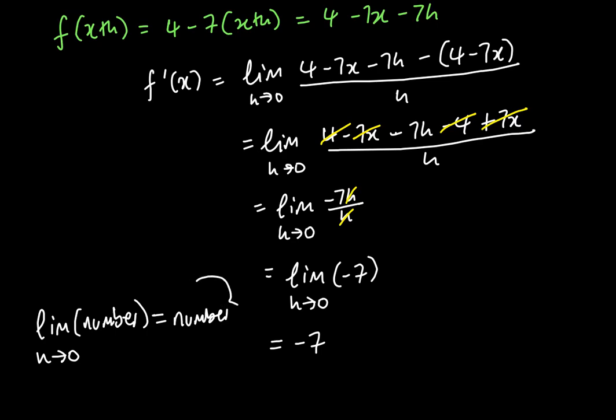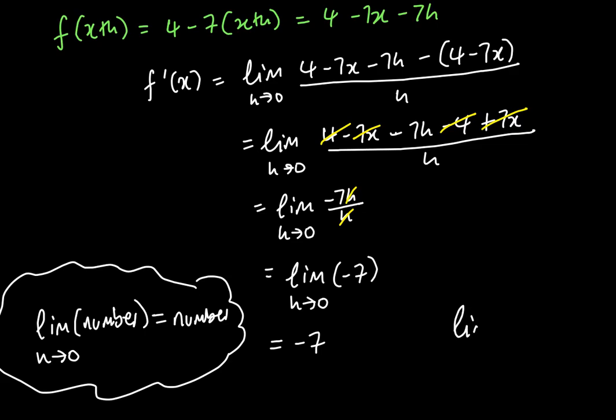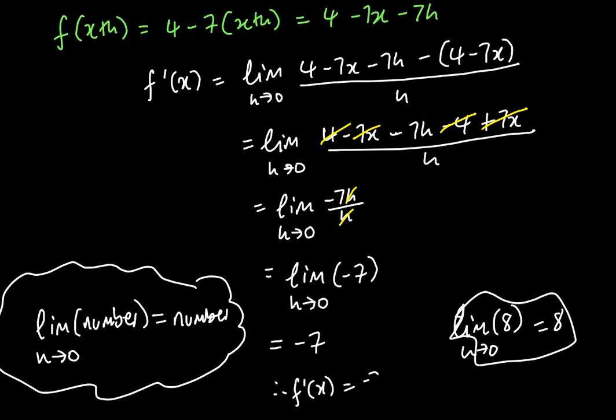So just know this. So if I have the limit of negative 7 as h approaches 0, the answer will be that number. If I had the limit of 8 as h approaches 0, the answer would be 8. Just remember that. So this is the answer for the derivative. Therefore our derivative would be negative 7.